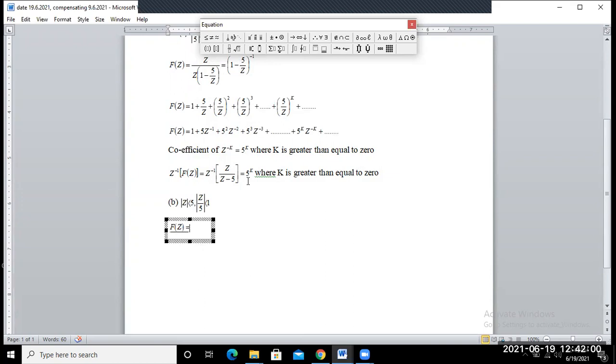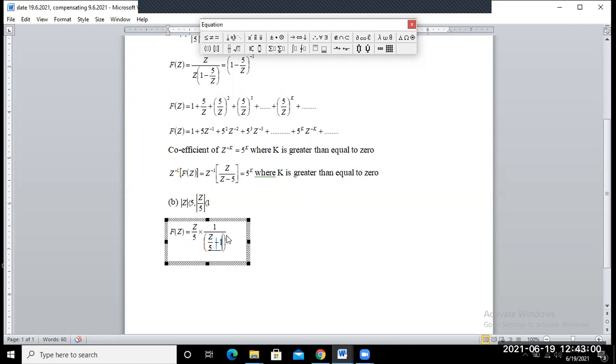That means F(z) becomes z by z minus 5, which is z by 5 into 1 by (z by 5 minus 1).